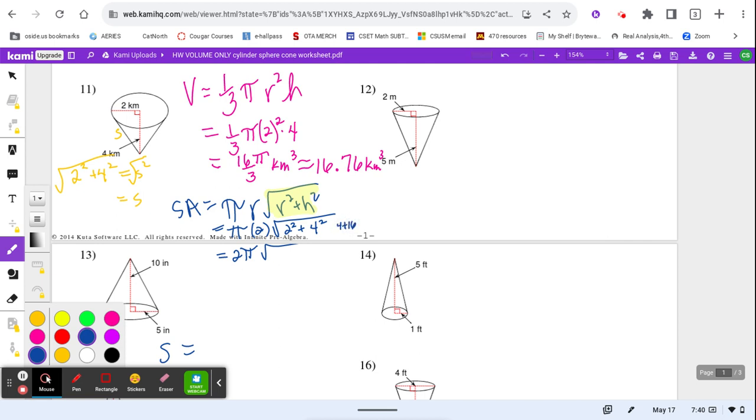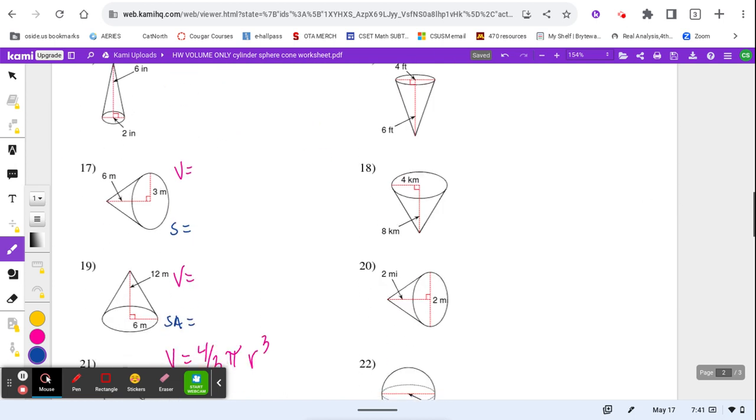And so 4 plus 16 is root 20. If I simplify root 20, I know that's the square root of 4 times the square root of 5, or 2 root 5. That's that simplifying radicals we've been practicing. So I say equals 2 pi times 2 root 5, or 4 pi root 5. This is called my exact answer for surface area in kilometers squared.